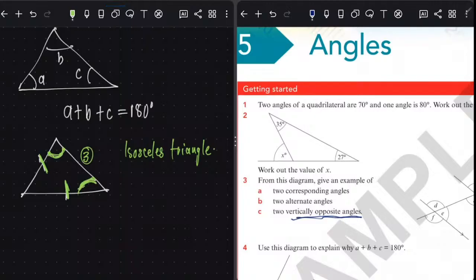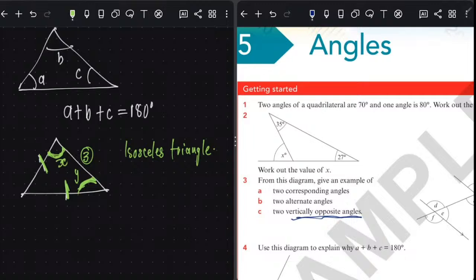These corners are called base angles. Are we together? I don't want you to take where the two equal sides meet. You don't take where the two equal sides meet. You take the third part. If I call it X and I call it Y, these are called base angles.